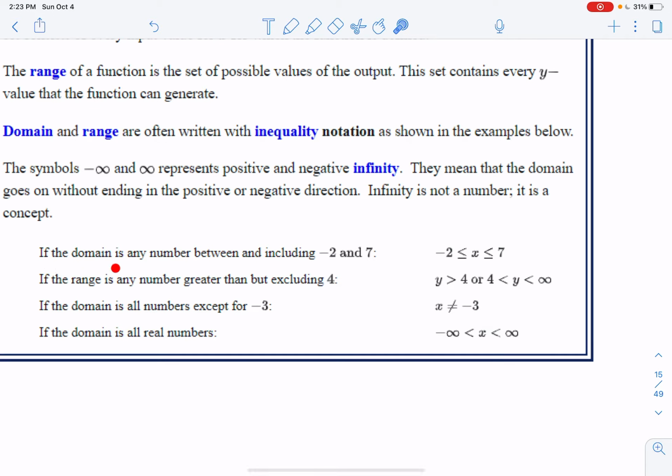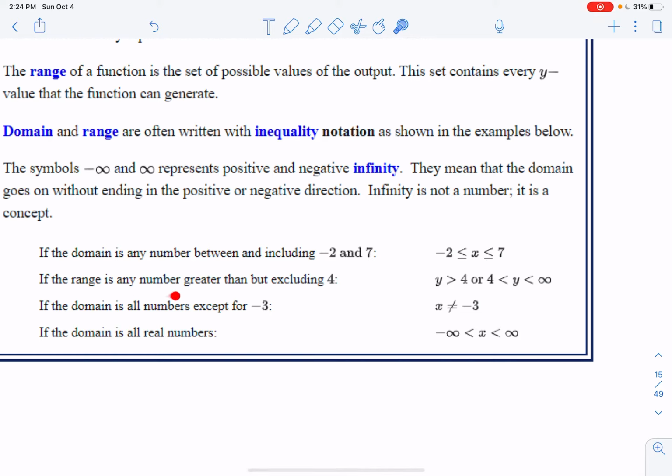So it says if I were to tell you that you have a domain and it's any number between and including -2 and 7. So that means our x values are anywhere between -2 and 7. The way we would write that with an inequality is here. So this is telling me when you see something like this, that it's between -2 and 7, and because of that equal sign symbol, that means it could also be -2 or 7.